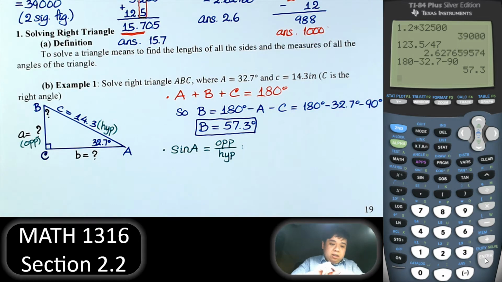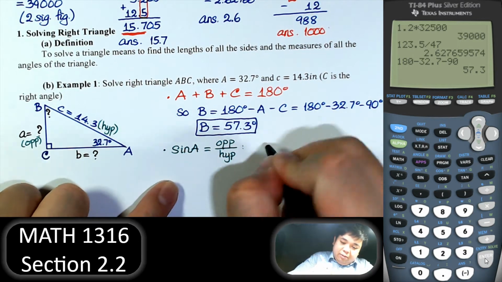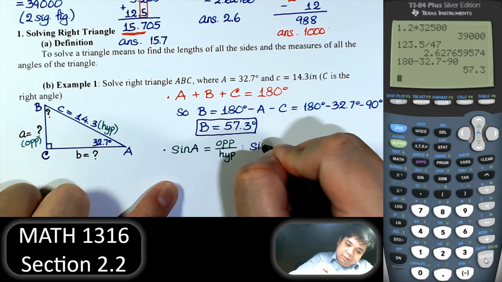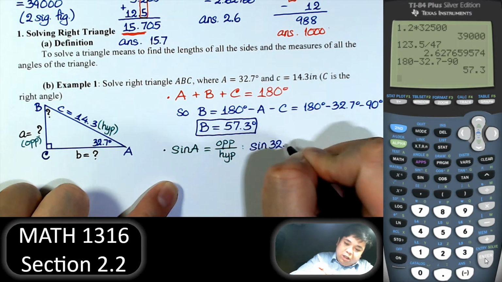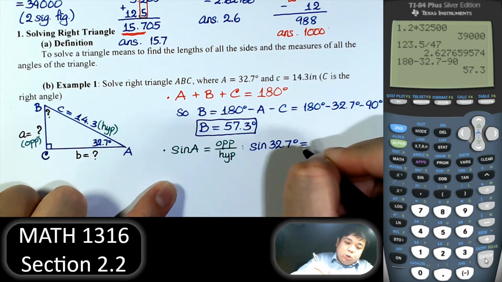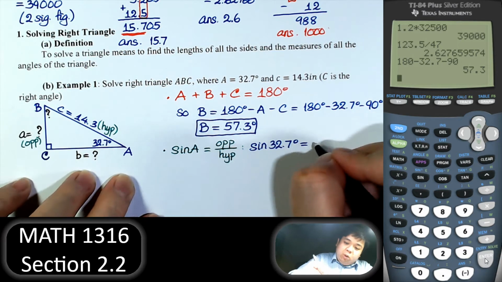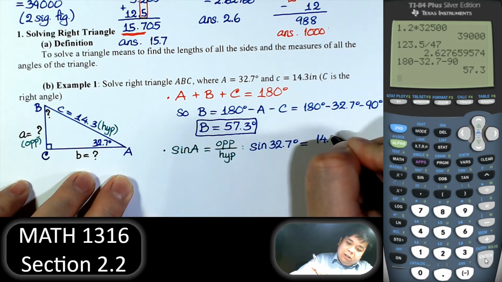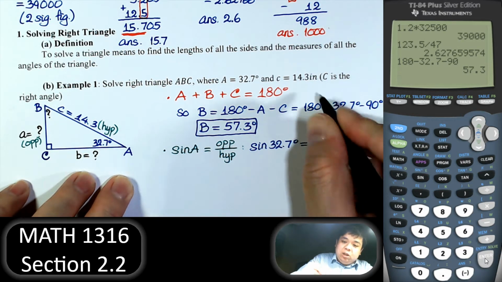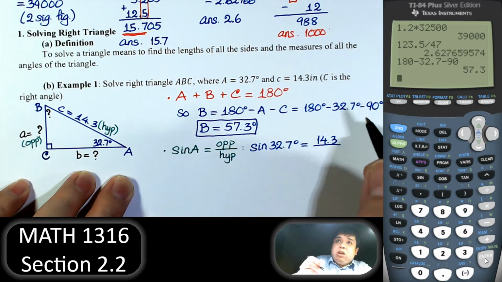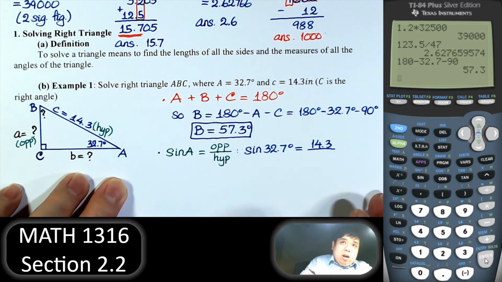So that means sine of 32.7 degrees is equal to opposite. We know opposite is 14.3 inches, but we just left the unit out for now. Over.